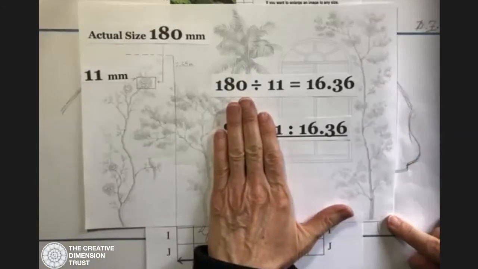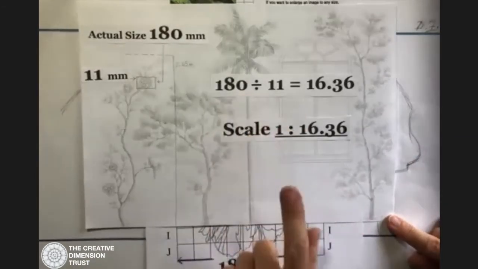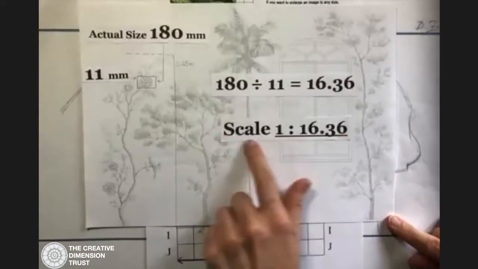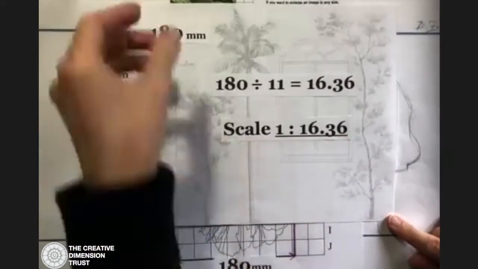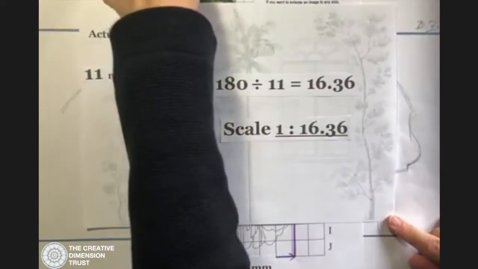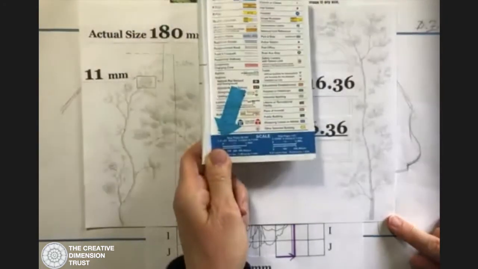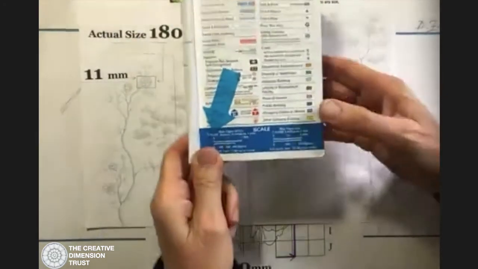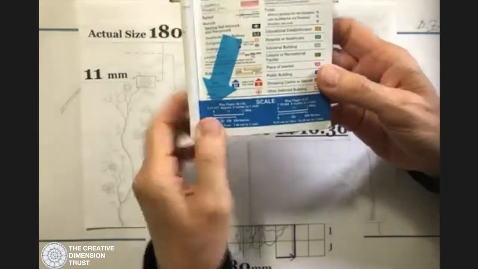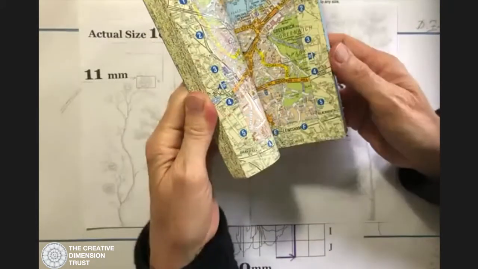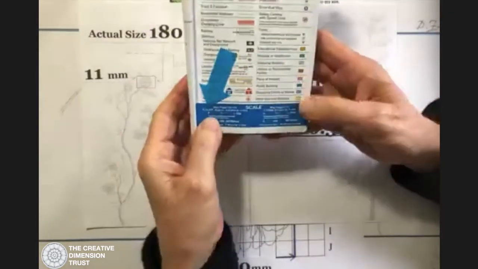You wouldn't even need to write scale. You will come across this on architects' plans, but also on maps. So if you're somewhere where there isn't phone signal, you might be working from an actual map. And I just noticed this map, the London A to Z, also has a slightly odd scale.